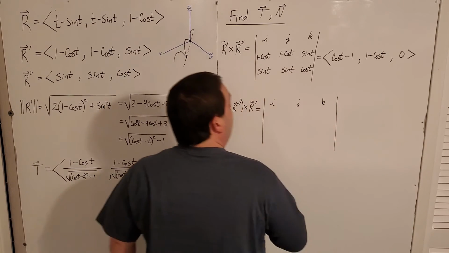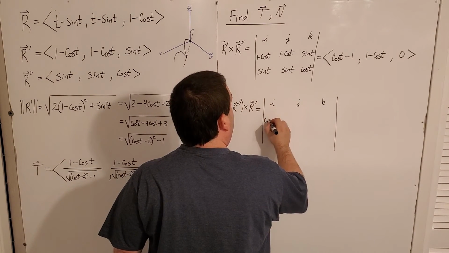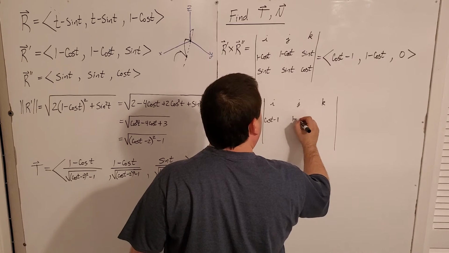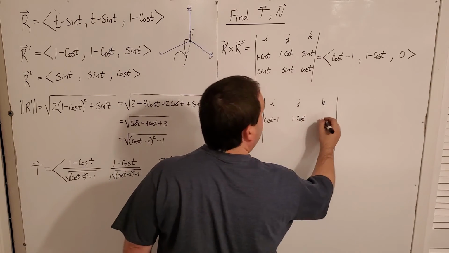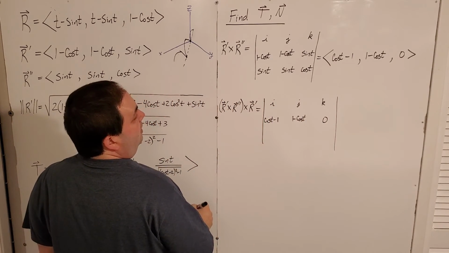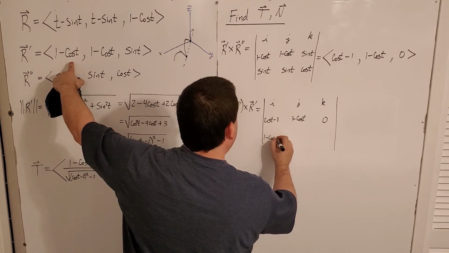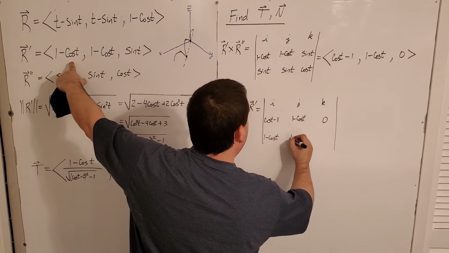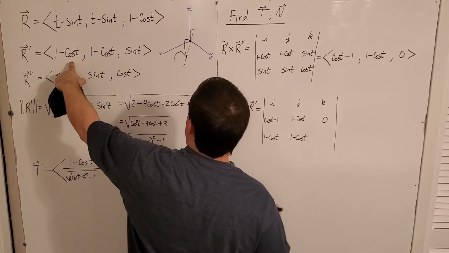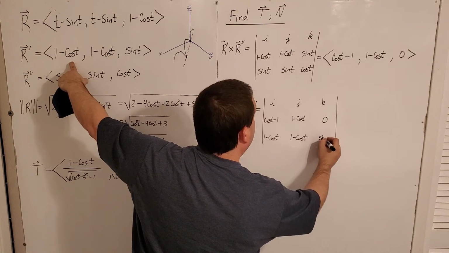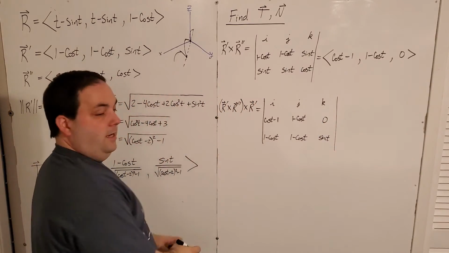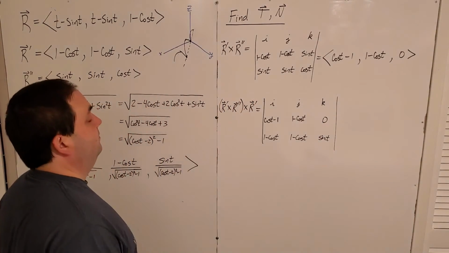Okay. Cosine t minus 1, 1 minus cosine t, 0. And then the original other vector here, I've got 1 minus cosine t, 1 minus cosine t, and sine t, right? Yes.